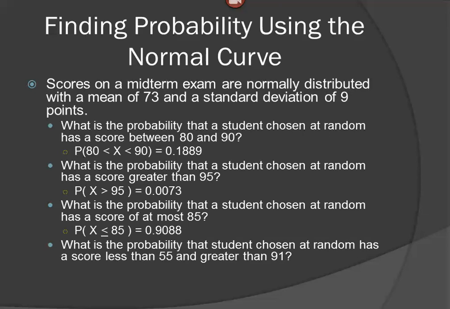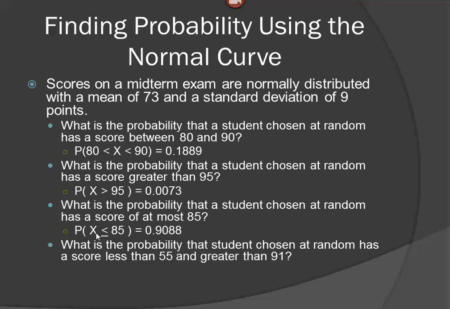At most 85 would translate into less than or equal to 85. And I want to point out here, this is an important concept, that whether I choose less than or equal to, it actually does not change the probability in a continuous data scenario.